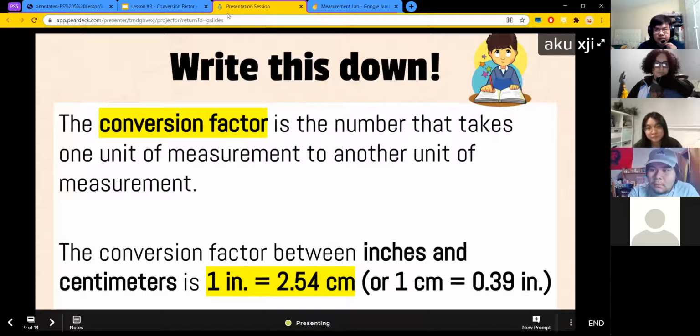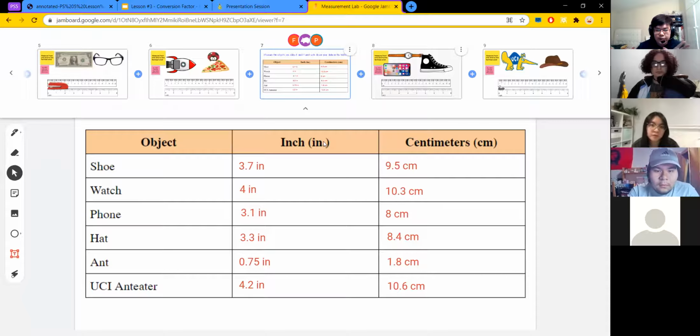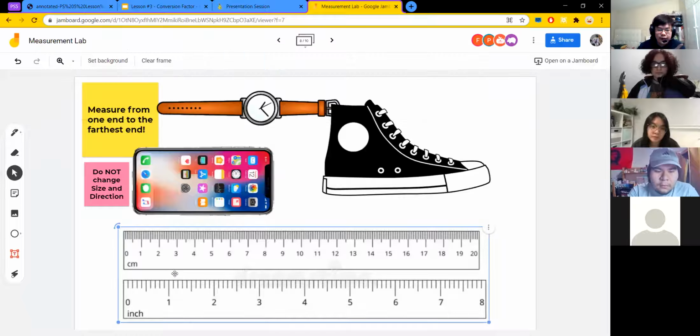If I go back to the Jamboard real quick, some of you maybe already noticed this on the ruler. If you kind of eyeball it, 1 inch, and then you go up, can everybody see my screen?